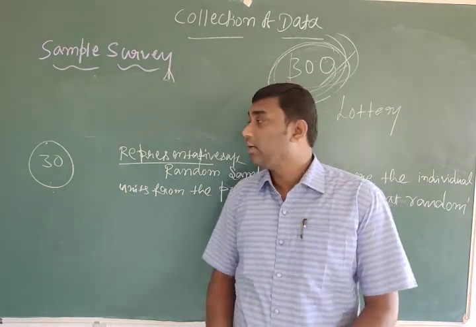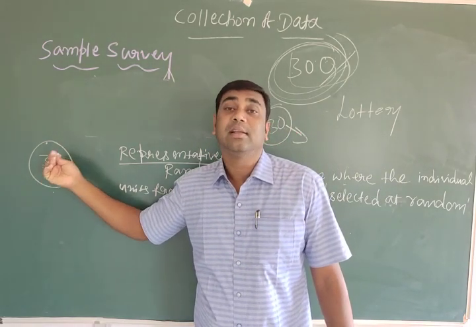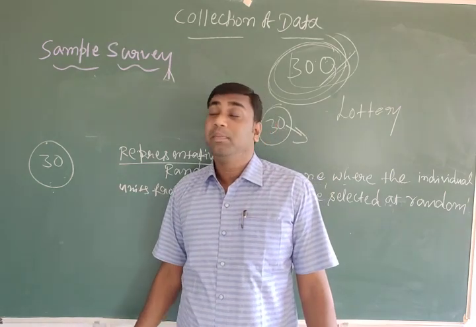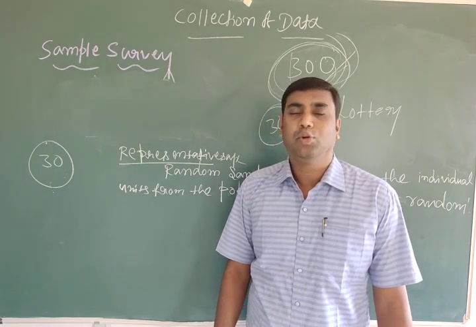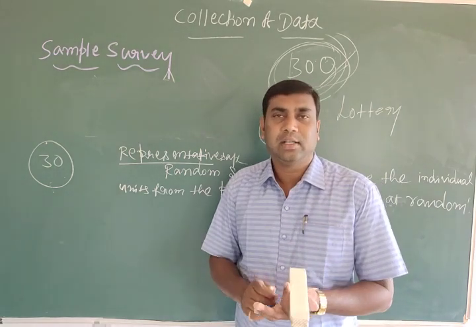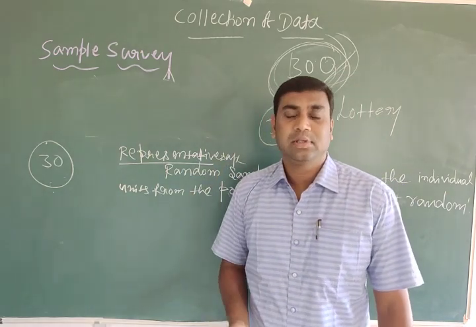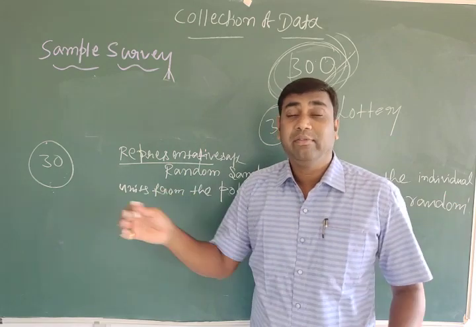So in this we have to select only 30 units with the help of which method? That is the lottery method. This is one of the important methods under random sampling. We write the names of the 300 on paper pieces, mix the pieces well, and select one by one.